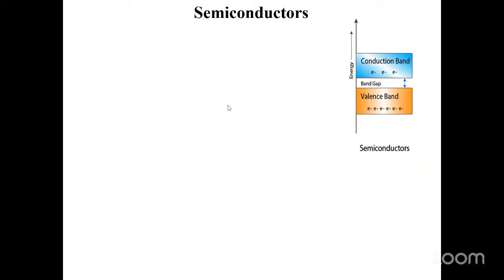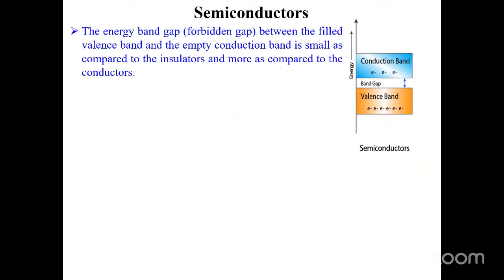Next, the last one, semiconductors. The energy band gap between the filled valence band and the empty conduction band is small compared to that of the insulators as well as the conductors.